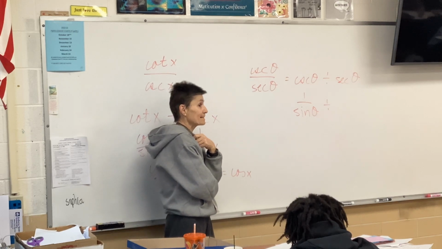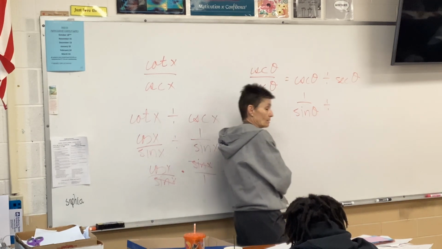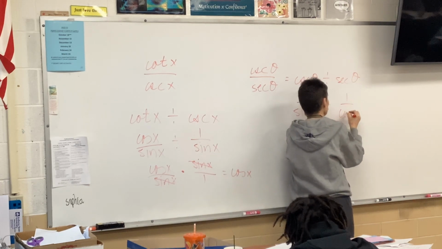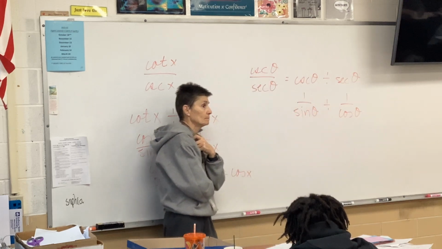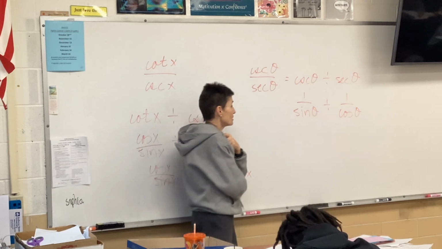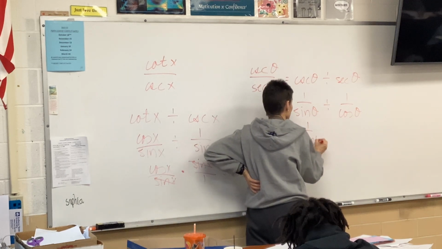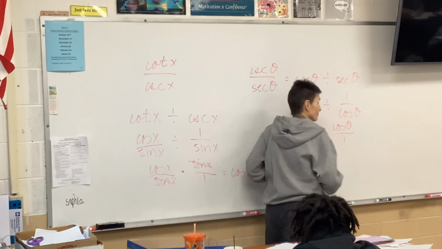What is secant? Reciprocal of cosine, so 1 over cosine. So now I have another division problem, so I'll make that 1 over sine times cosine over 1.